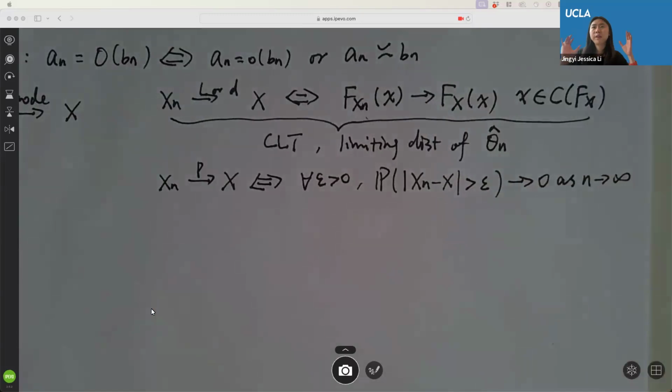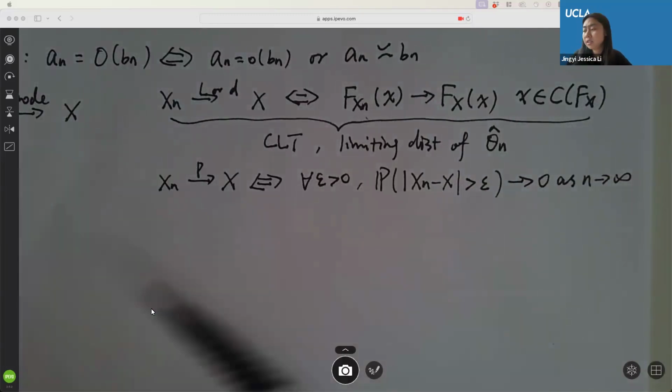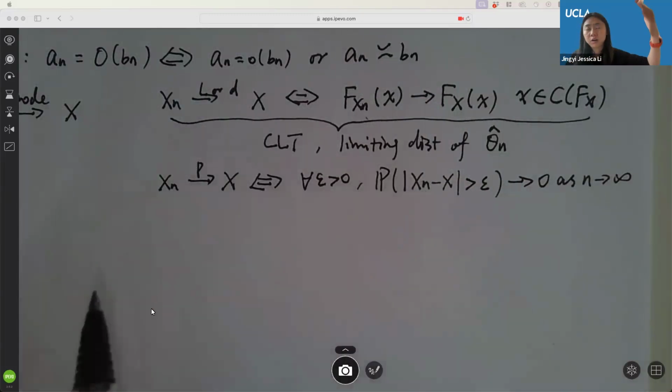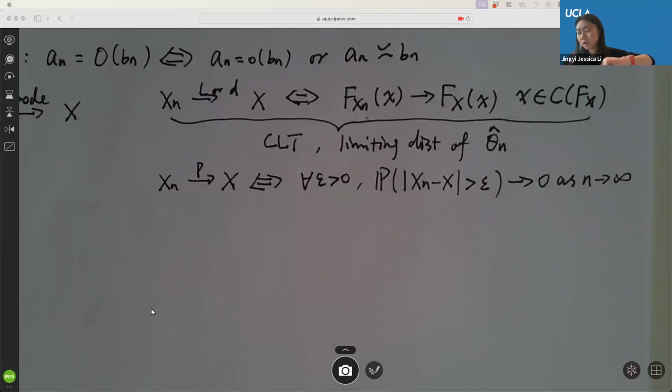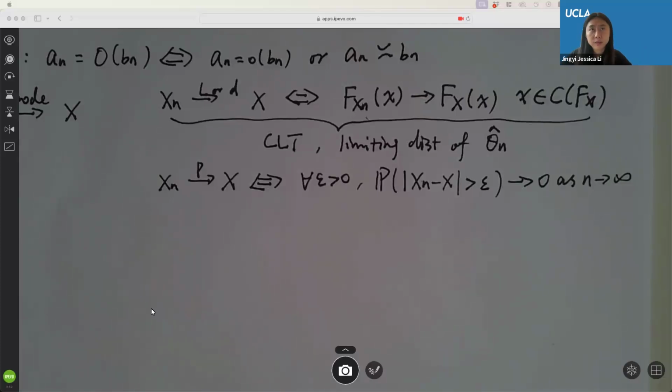So this means regardless how small the neighborhood is, this probability will always go down to 0. But this doesn't mean that for every realization of the sequence, it converges, because this probability is looking at every n across all realizations. So as long as the violation probability across all realized sequences is small, we don't care about individual sequences. And that's the biggest difference from almost sure convergence, which we'll talk about next.